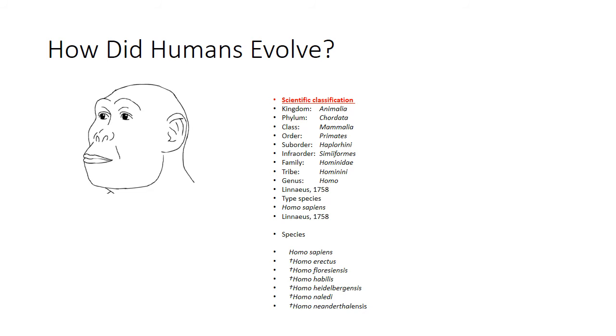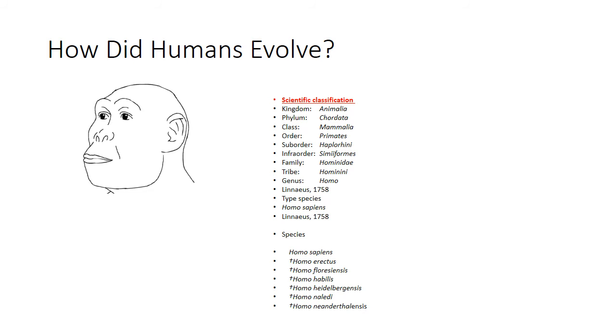Within the genus Homo, there are species. There is one extant or living species, which is us, Homo sapiens. And there are, look how many are shown here. 1, 2, 3, 4, 5, 6, at least 6.